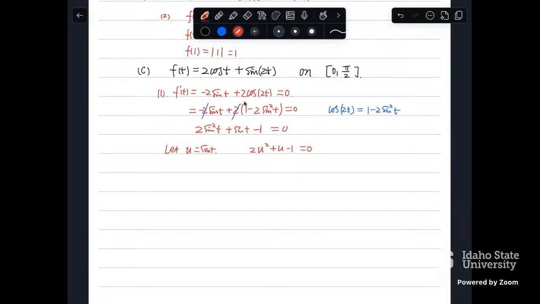You can use the quadratic formula, or you can use factorization. You can factor this. Okay. So in this case, you can write it as (2u minus 1)(u plus 1). Yeah. Okay.